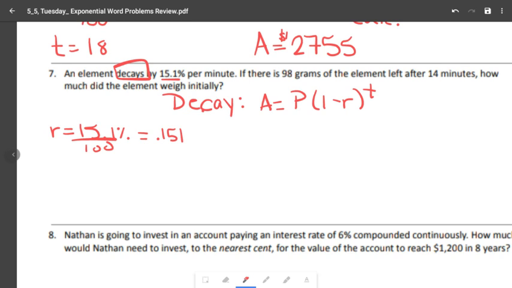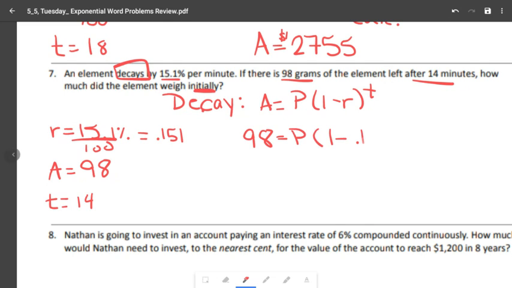And then here, be careful, there's 98 grams left after 14 minutes, which means the A is 98 and T is 14, and we're looking for how much it initially weighed, so we are going to be solving for P.